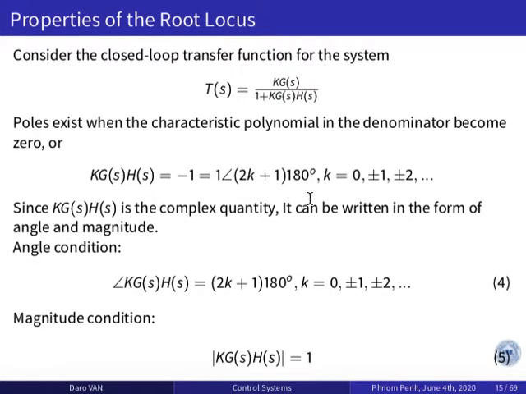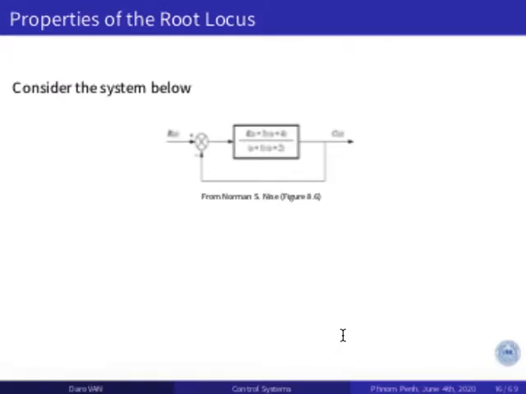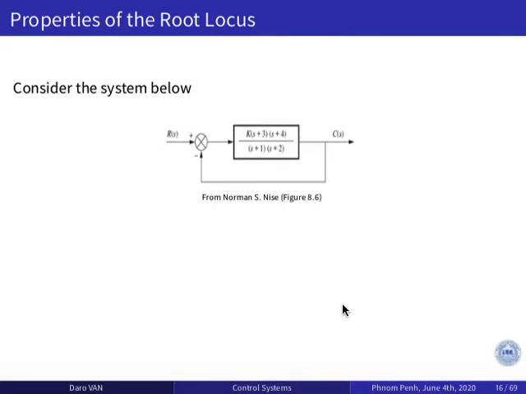And this is a complex number, so you can write it in the form of an angle condition and a magnitude condition. So the angle of this is just this one, the same way as I wrote here, and the magnitude is equal to 1. So let's consider the system below, the negative feedback system.